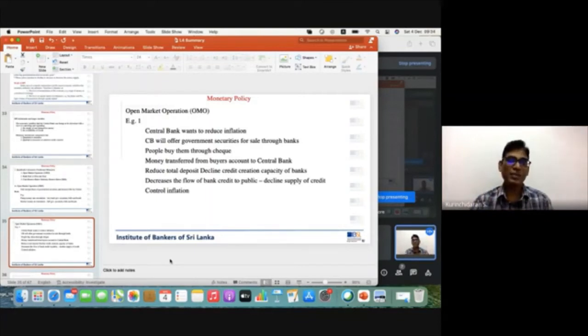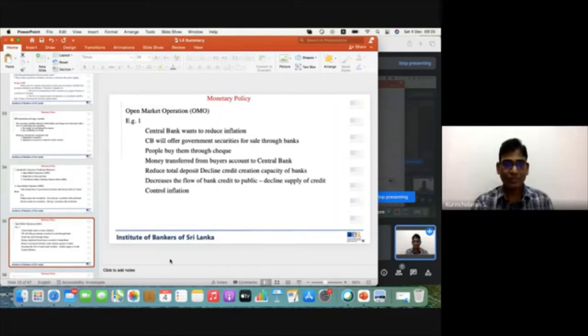What people will do is buy them by check. So they give the check and get the securities. So what will happen? Money transfers from the buyer's account to the central bank. So from the buyer's account to the reserve account, right? This will go to the central bank. It's now the central bank's account, because they return the money in buying securities.